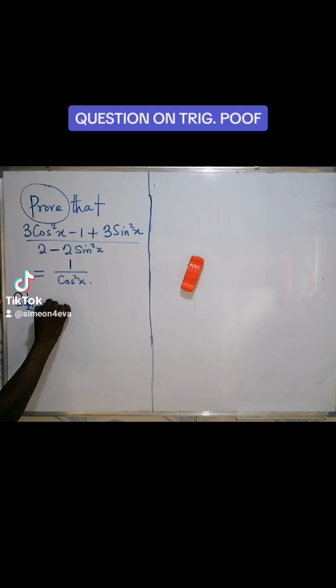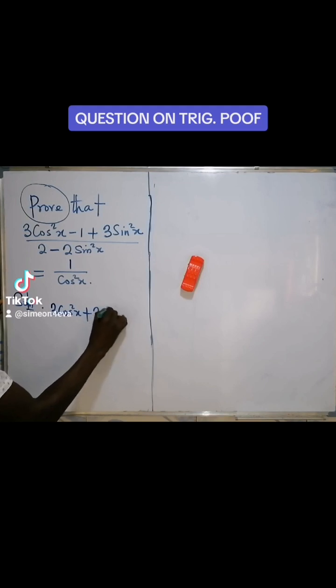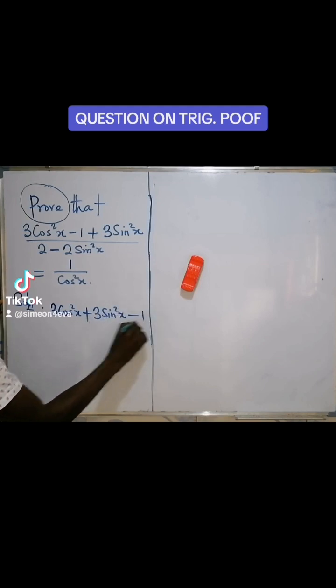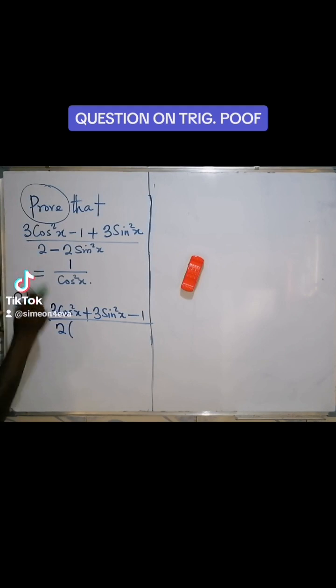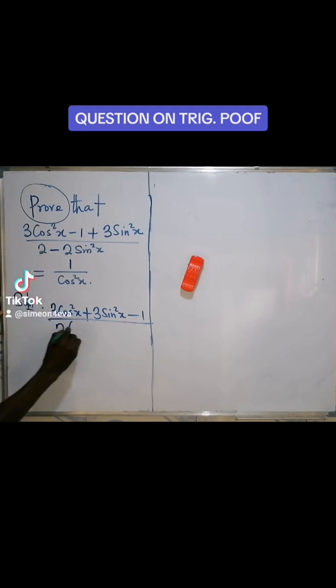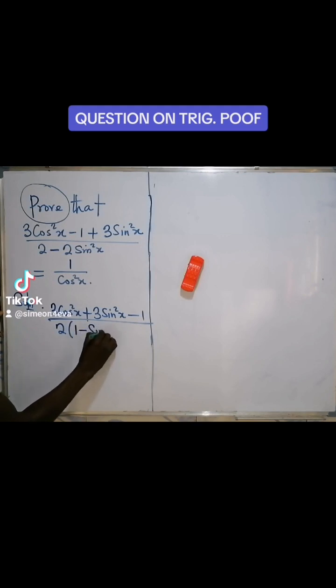This is now going to give you 3 cos square x plus 3 sine square x minus 1 over, what is common here? 2 is common. Now, what will be left here? What do you multiply by 2 to give you 2? That is 1 minus, this 2 is already out, so you have sine square x.